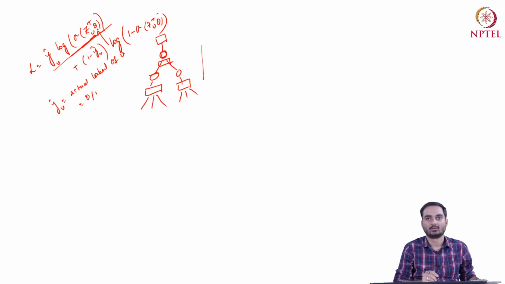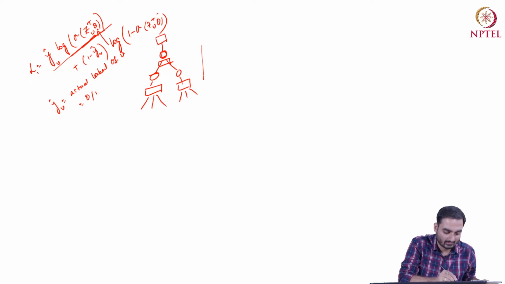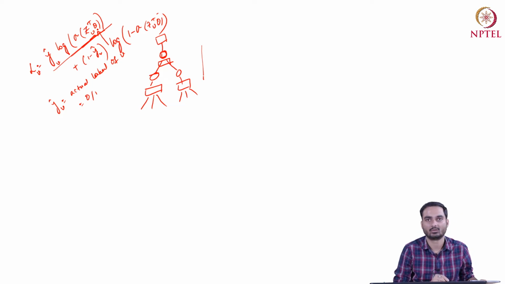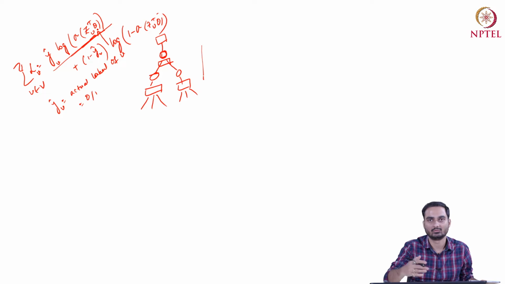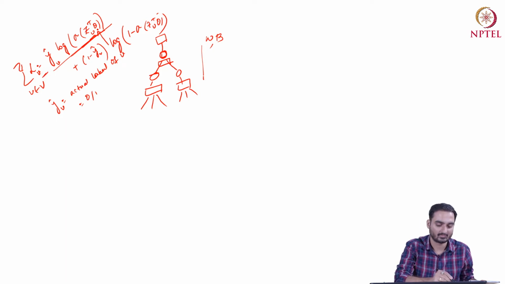This loss is for a particular node V, and then you sum it up over all the nodes in V, and take the derivative with respect to each and every component of W and B, because W and B are matrices that you want to learn. So for every element of W and B, you take the derivative of this with respect to that element, and you back propagate the error.